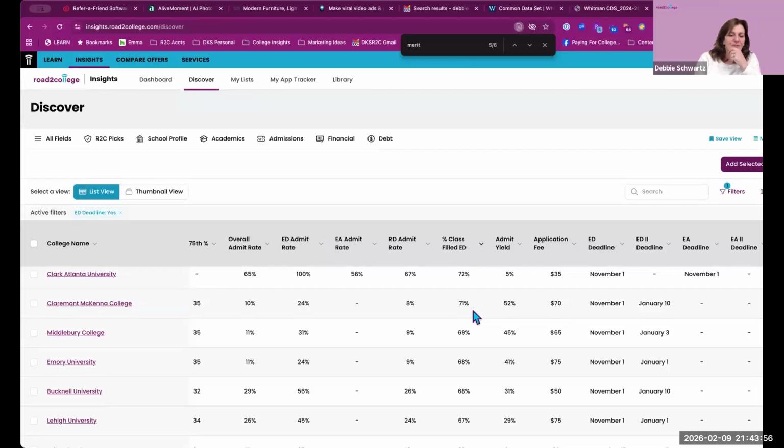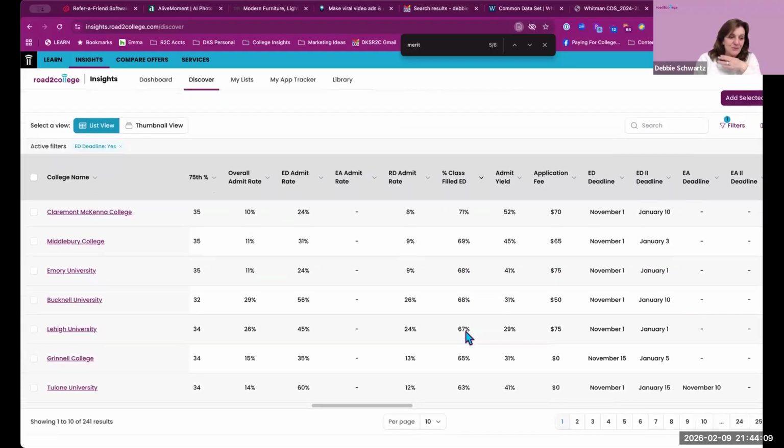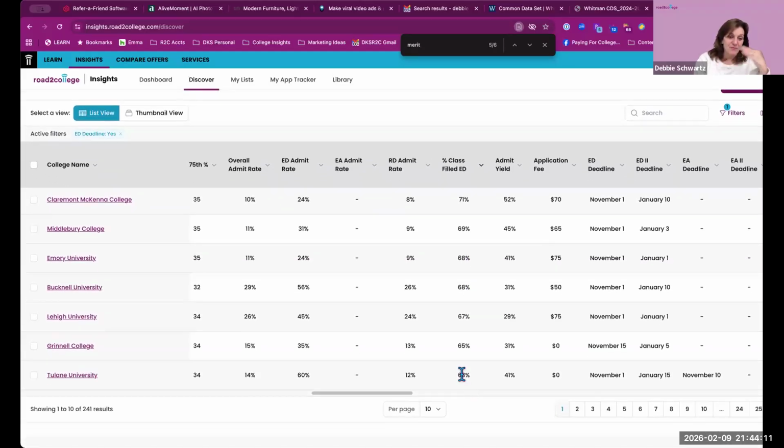I didn't even know that. That's really high. Middlebury, I did know, is also taking like 69% of the class early decision. These are really high numbers. So to me, what this is saying is if your student is interested in any of these colleges, then they really should be applying early decision because it's just going to be that much tougher to get accepted regular decision.